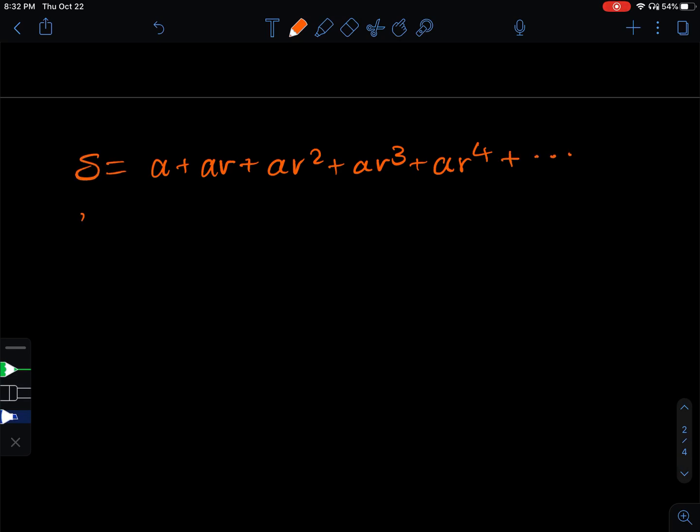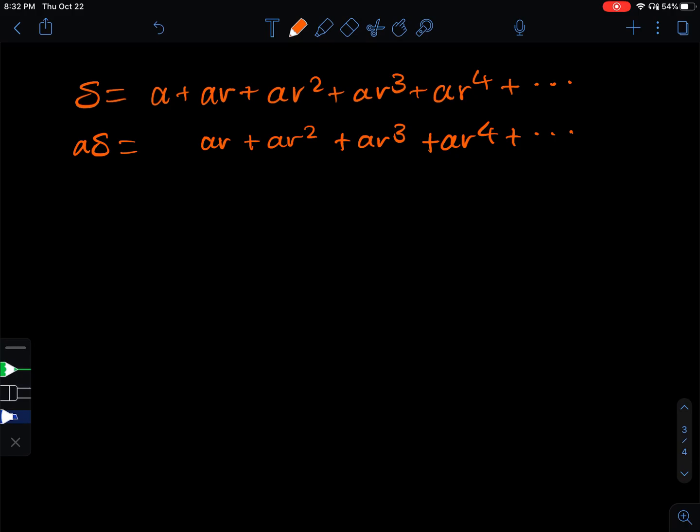Let that be S, then you'll have RS is AR, AR squared, AR cubed, AR to the 4th, and even this continues forever. Subtracting, you have 1 minus R times S is equal to A. Then S is equal to A over 1 minus R.